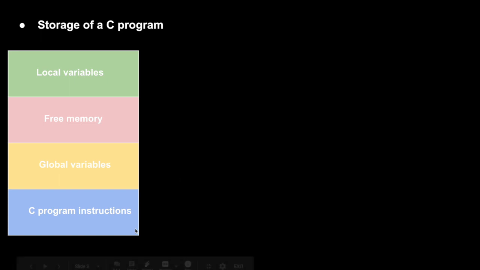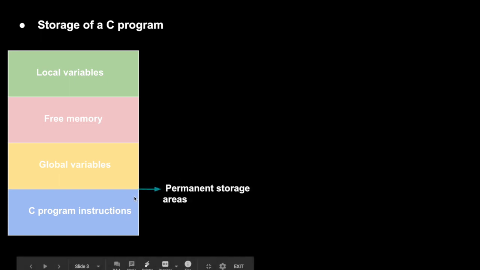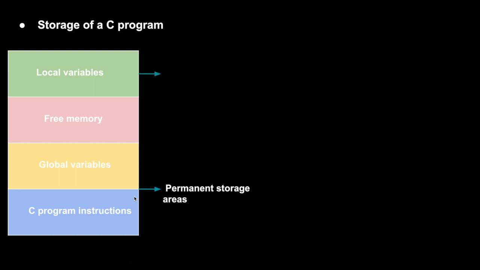These two regions are the permanent storage areas. Now at the top you can see the block containing local variables. All the local variables that are declared in our program will get stored in this block. This region is called the stack, and it is reserved in last in first out order.